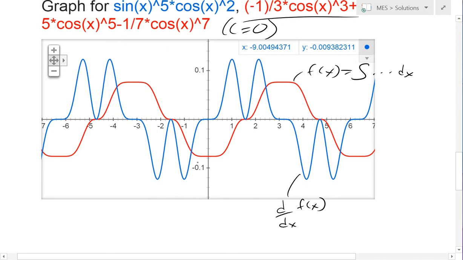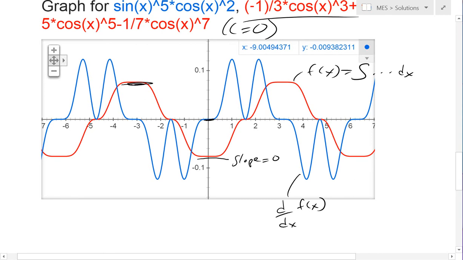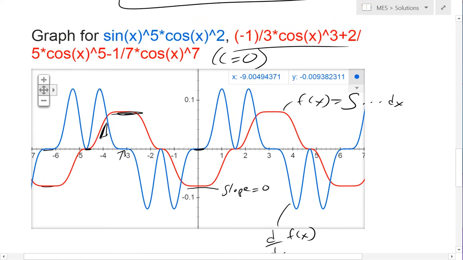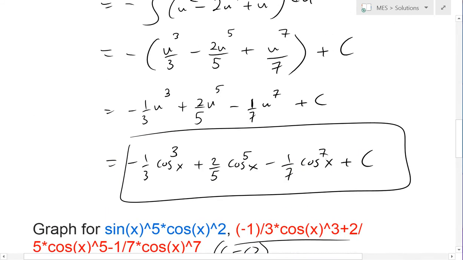Whenever this flat lines, the slope equals 0, and that is the derivative being 0. At the highest point of the derivative it corresponds to the biggest slope, and it's 0 again when this is flat again. So you can see from the graph that this answer seems to be right.